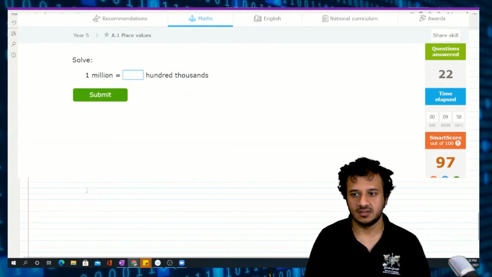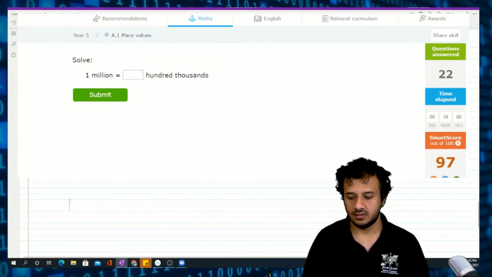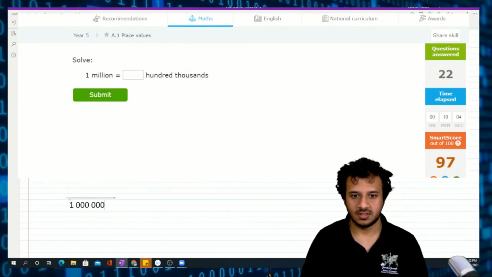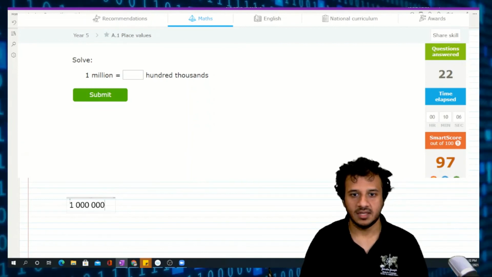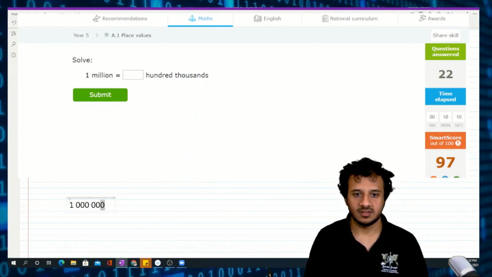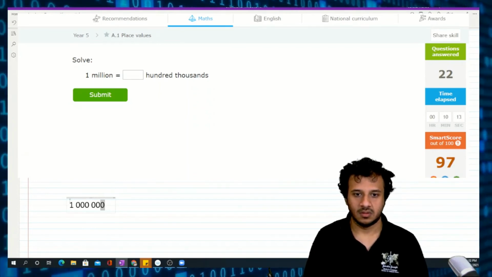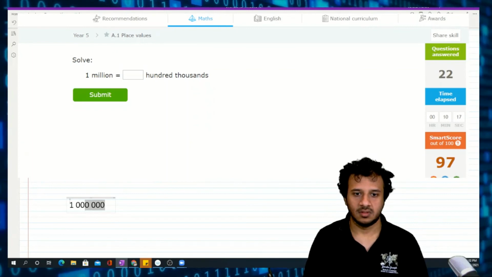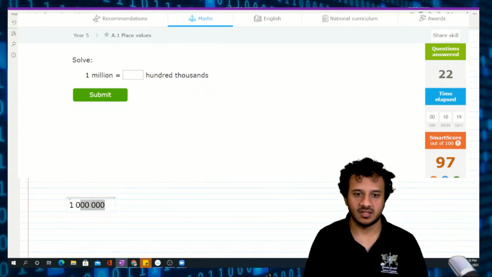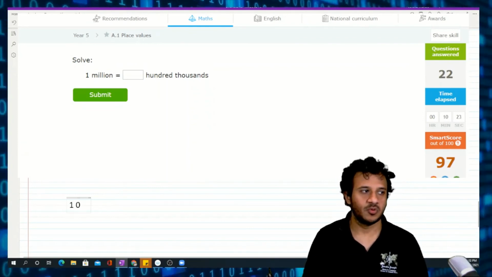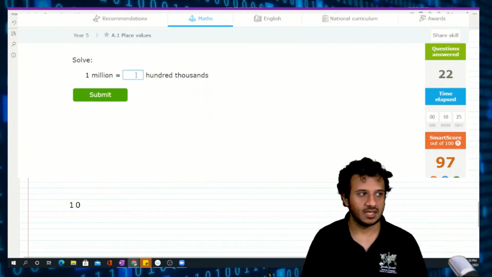That is just a 1 with how many zeros? 6 zeros. And then 100,000. This is ones, tens, hundreds, thousands. 10,000s have 4 zeros, 100,000 has 5 zeros. If I take those 5 zeros off, I'm left with a 10.